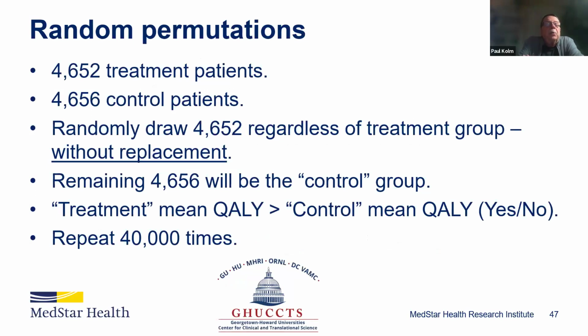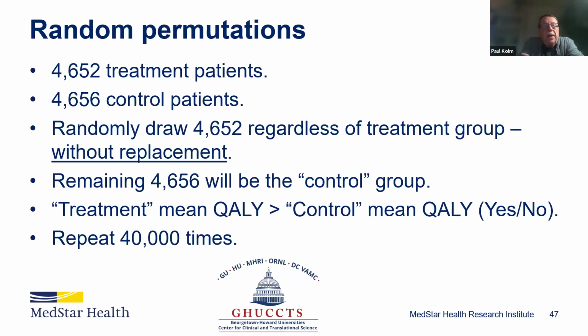We'll do a random permutation test where we will randomly draw 4652 observations, regardless of treatment group, without replacement. And then the remaining 4656 will be our control group.